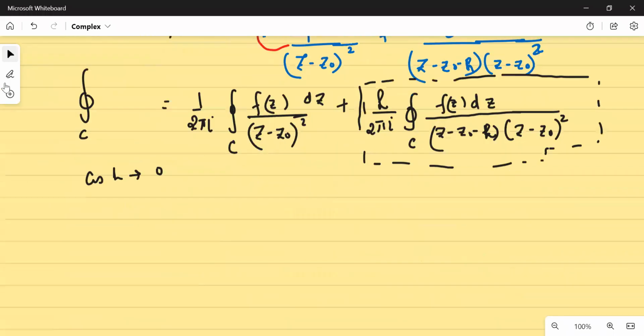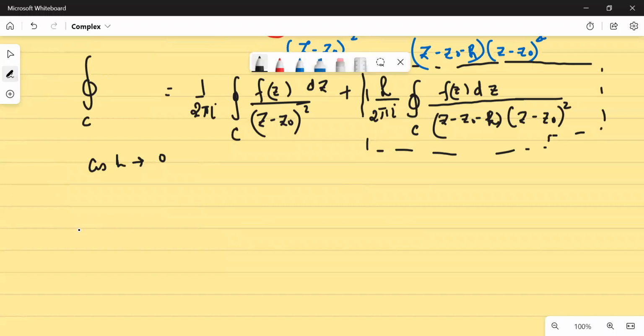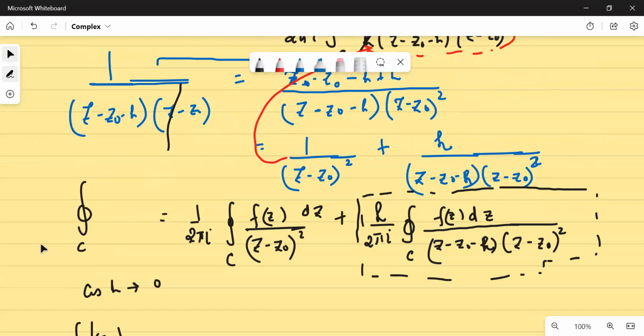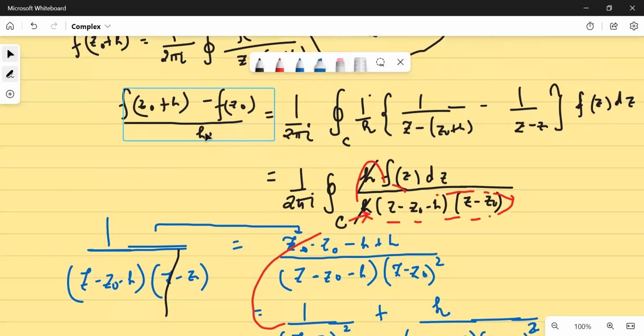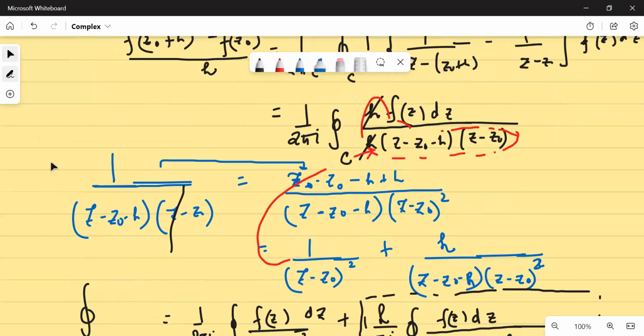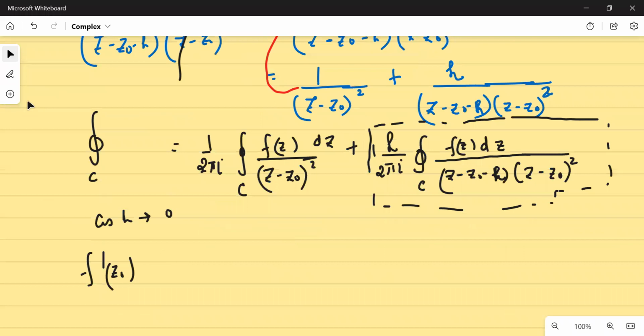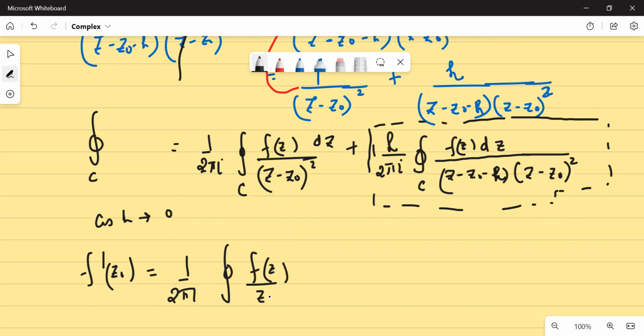So eventually what you are left with is f dash z naught, because f z naught plus h minus f z naught upon h in the limit h tends to 0, I can write as 1/2 pi iota integration f z upon z minus z naught whole square dz. Is that clear? Okay.